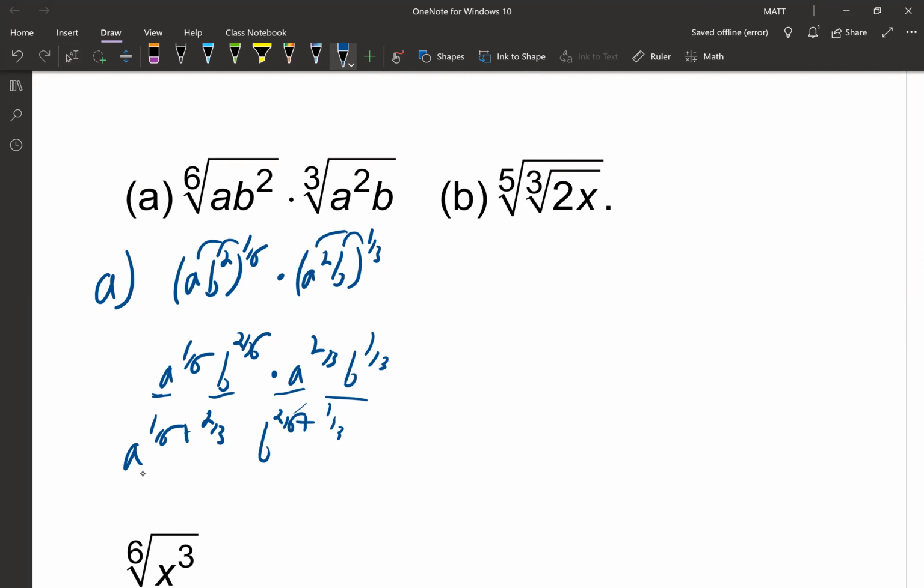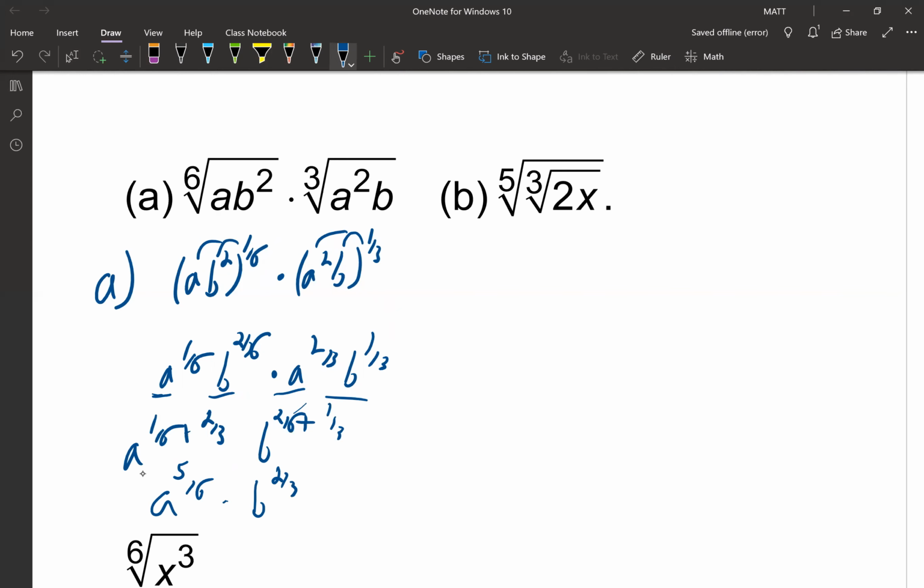So a should be a to the 5/6, and we get b to the 2/3 power, or 4/6 if you'd like, either one.